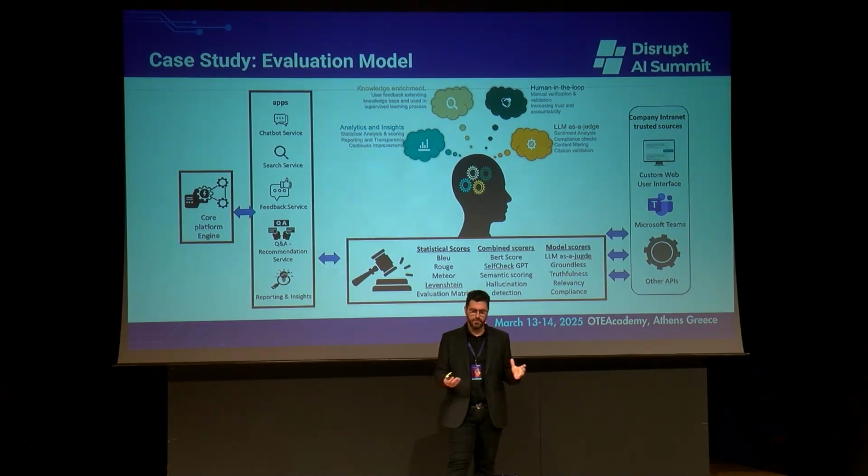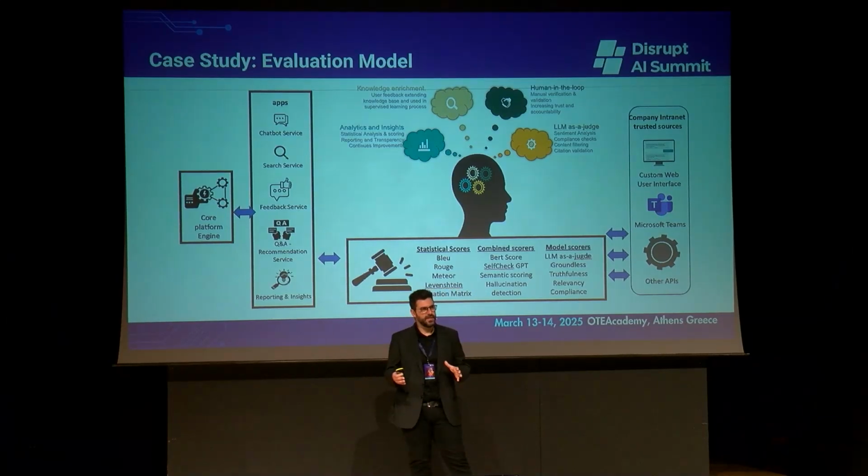On the right, there is the core system as a platform, and there are several capabilities that are offered. There are different applications that spin off in order to implement this agentic capability. There is a search service dedicated to the search queries.